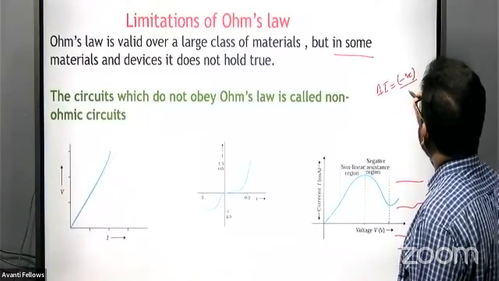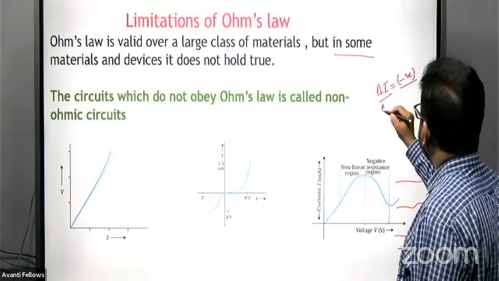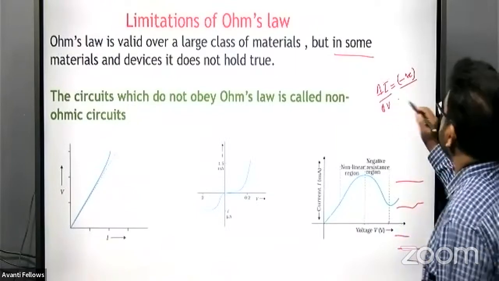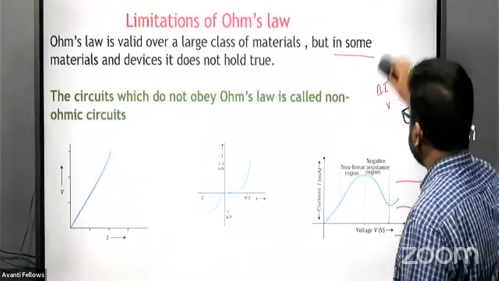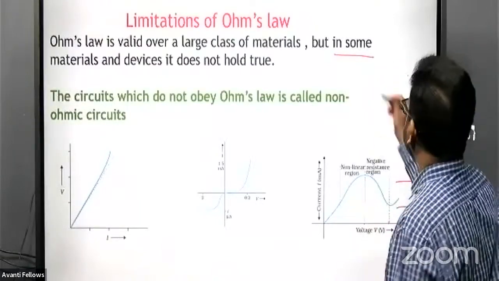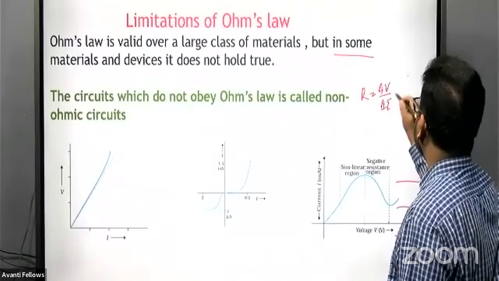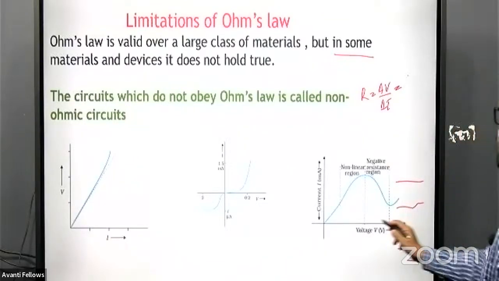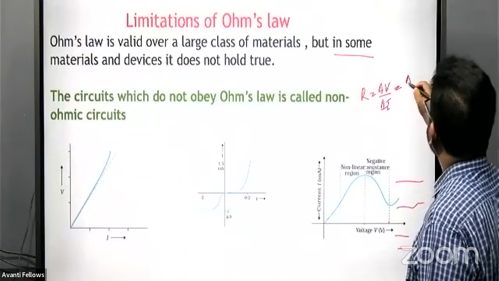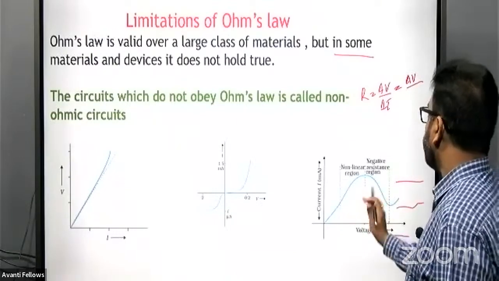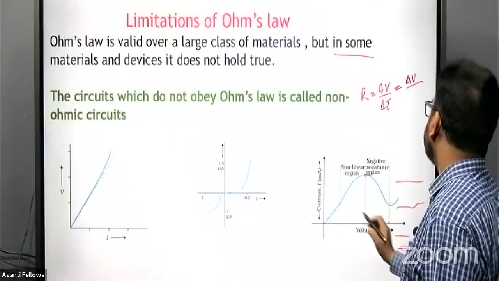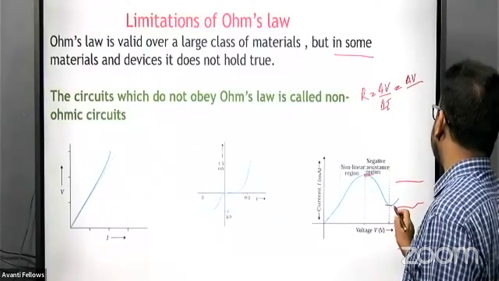So, okay, if we take delta V by delta I, resistance equals delta V divided by delta I. Delta V divided by delta I means this one, this one. So this is the final point.